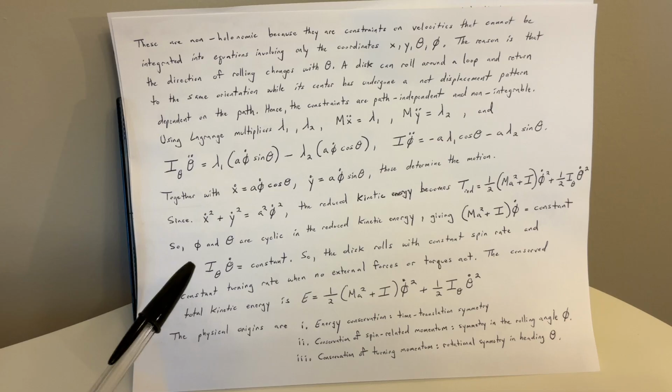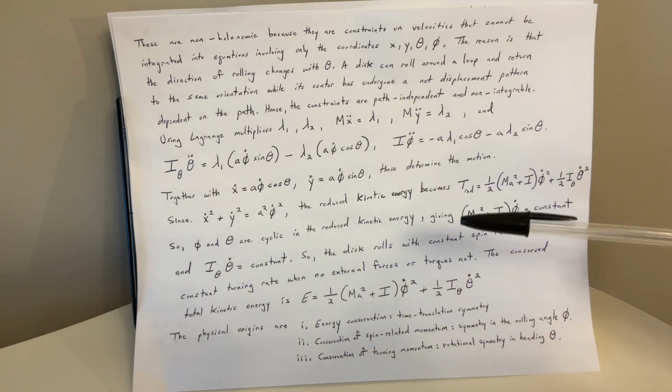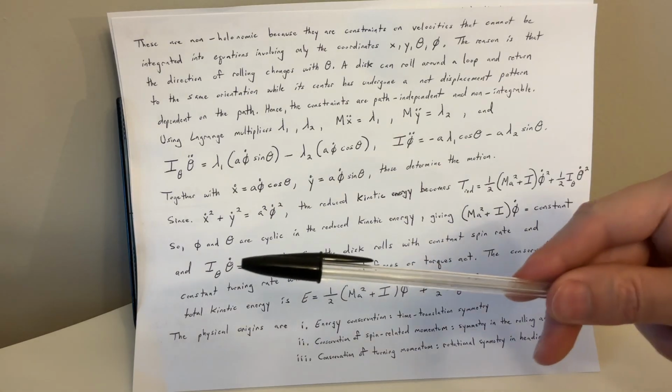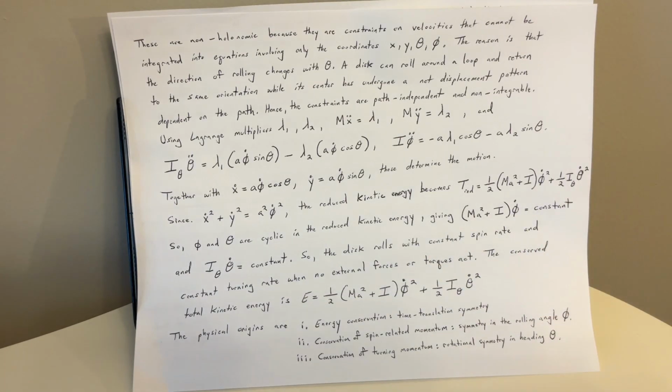So what we have here is phi and theta are cyclic in the reduced kinetic energy, giving here the quantity m a squared plus I, in parentheses, times phi dot, and that will equal a constant, and I sub theta, theta dot also equals a constant. So the disk rolls with constant spin rate and constant turning rate when no external forces or torques act.